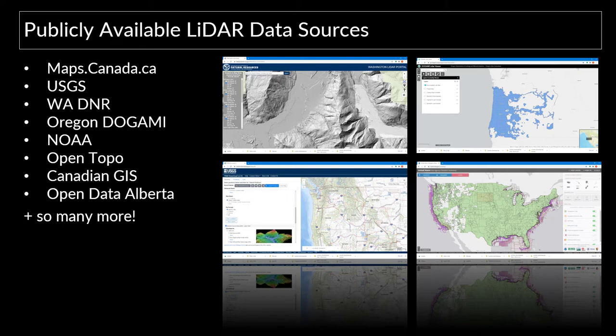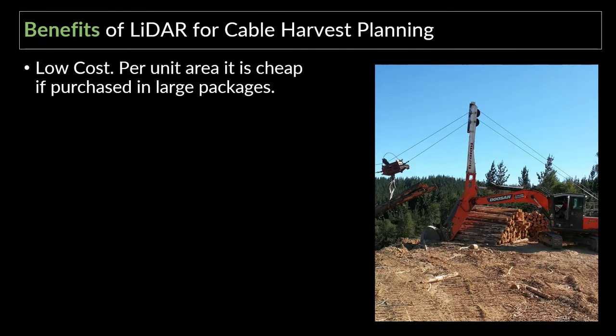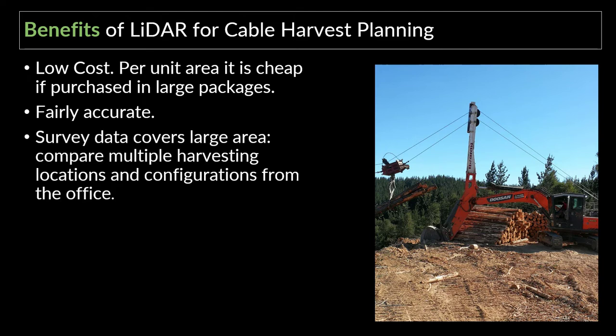Here's a few places you can get publicly available LiDAR, and you can check Softree's website to find a few of these links. So LiDAR is relatively cheap, at least per square kilometer or per area. As I mentioned before, you can get accuracies up to about a decimeter, and areas can be huge.